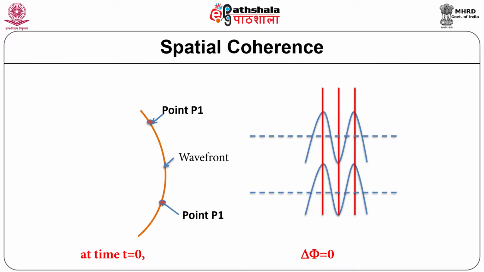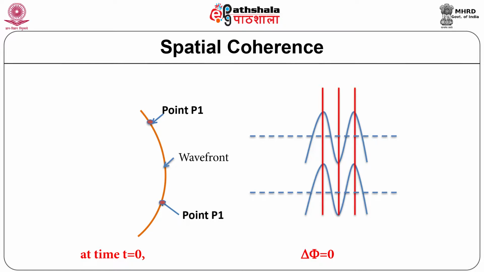Let us consider 2 points P1 and P2. At time t equal to 0, they lie on the same wavefront of the given electromagnetic wave. Let E1(t) and E2(t) be the electric fields at these 2 points respectively.